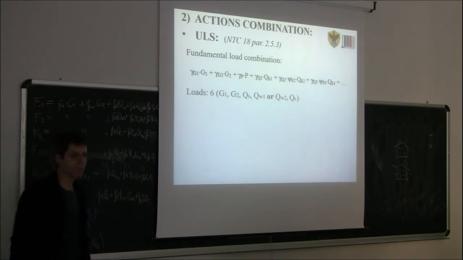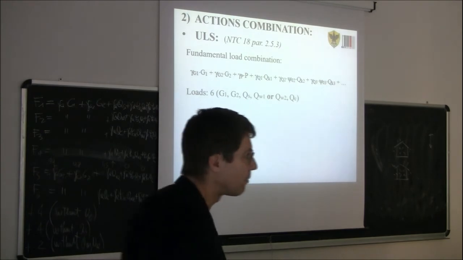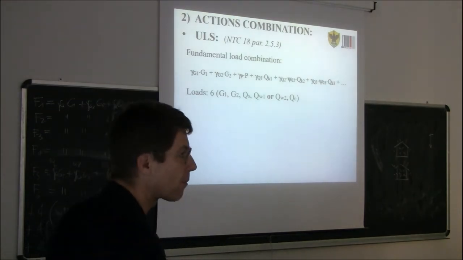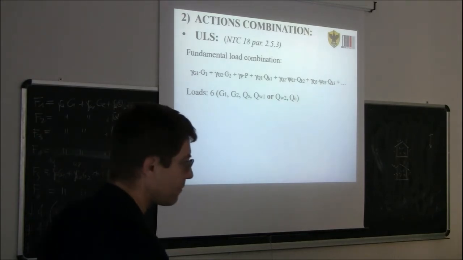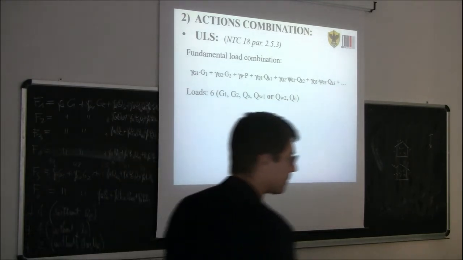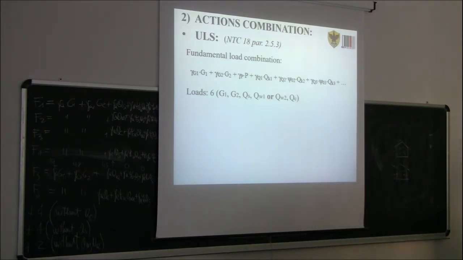Okay, finished? We need to do something more. Why do we do all these combinations? Because I remind you that we will then have to calculate the K mode factor and the ratio between the load and the K mode factor.